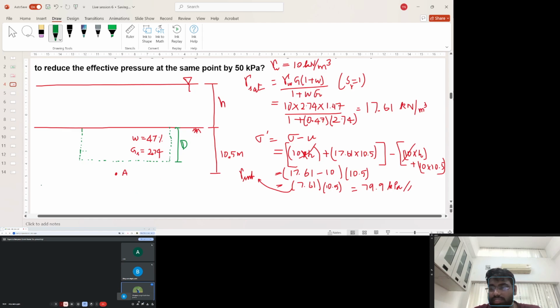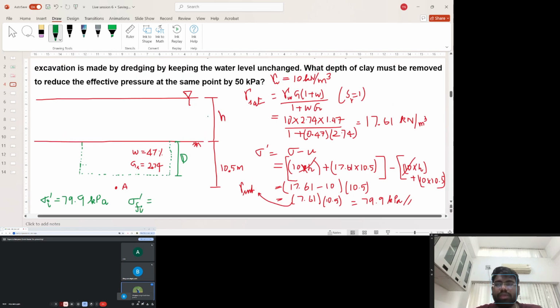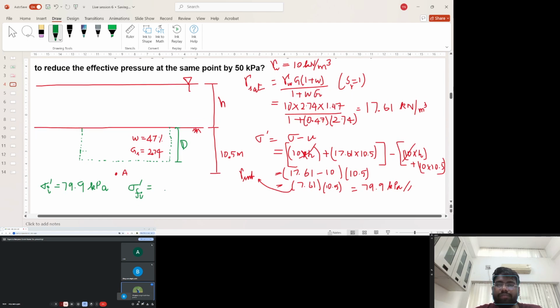The initial effective stress, sigma dash I, is 79.9 kilopascal, and sigma final has to reduce by 50. So 79.9 minus 50 is 29.9 kilopascal.